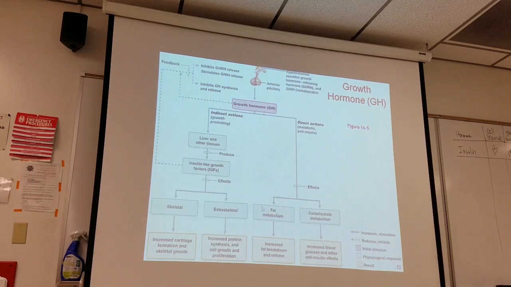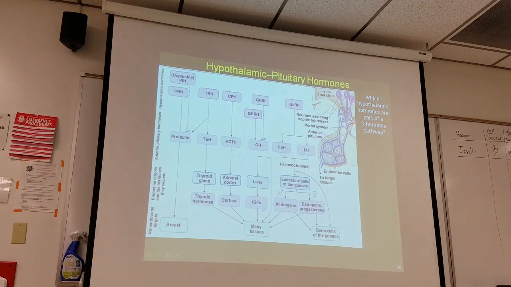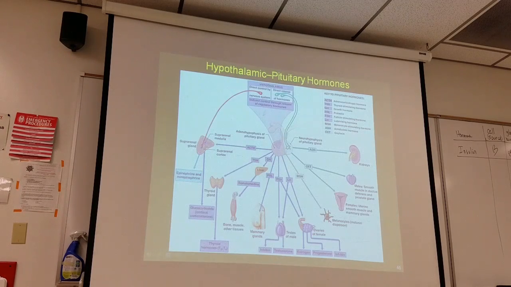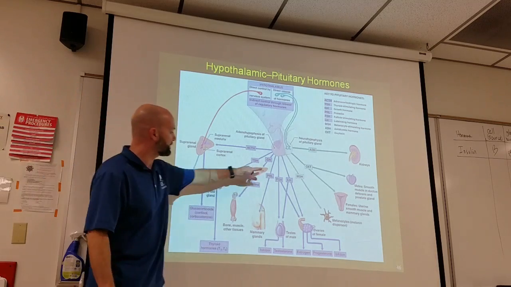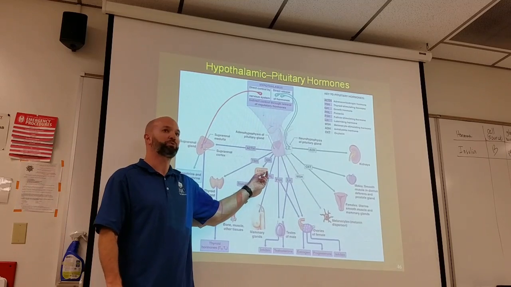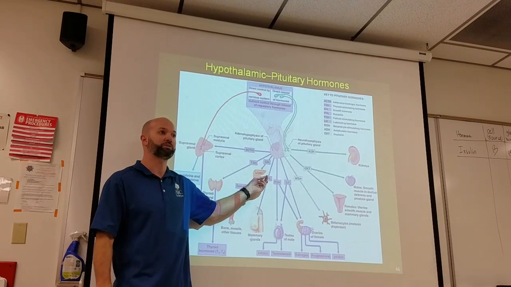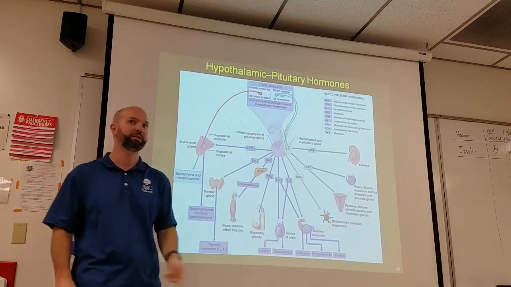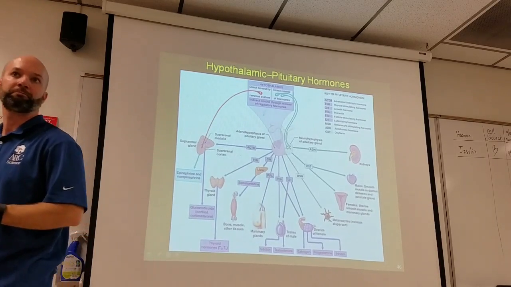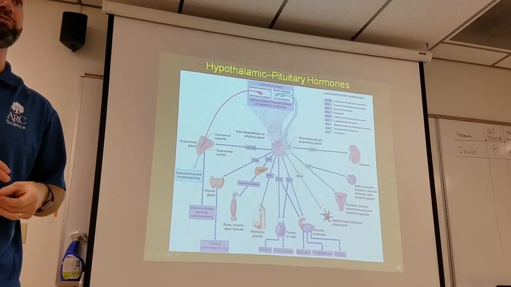As far as the actions of prolactin, it targets the mammary glands, and it promotes lactation, milk production. Prolactin stimulates milk production. What regulates the secretion of prolactin?